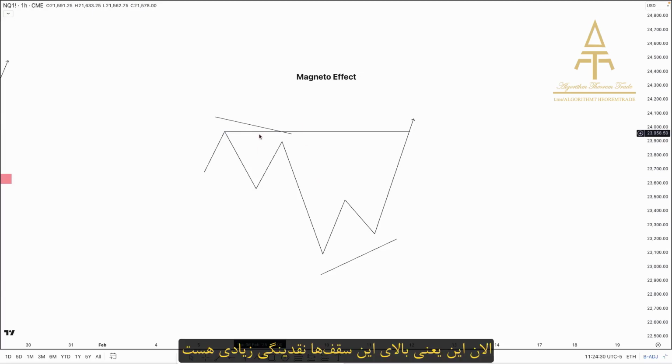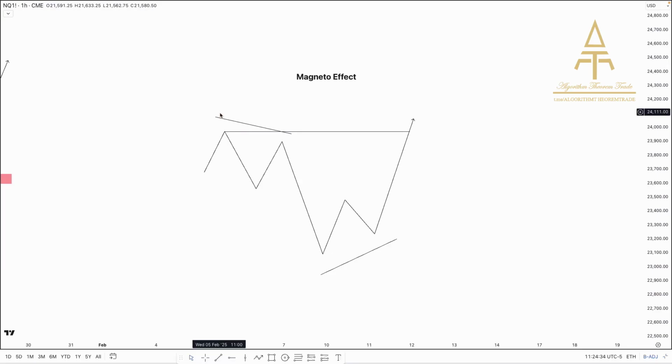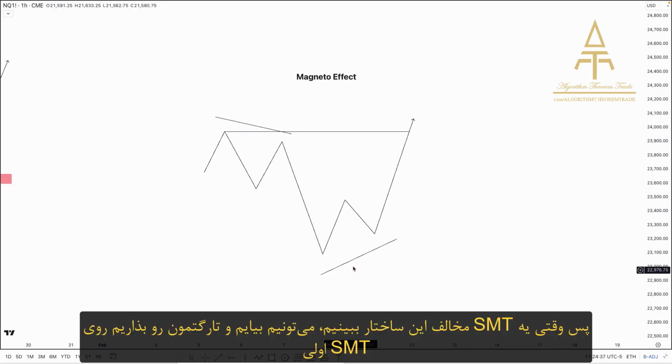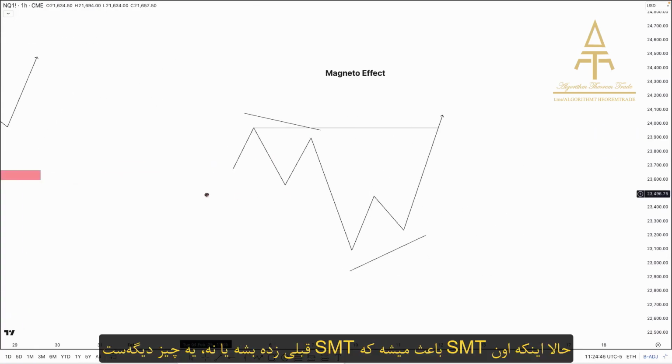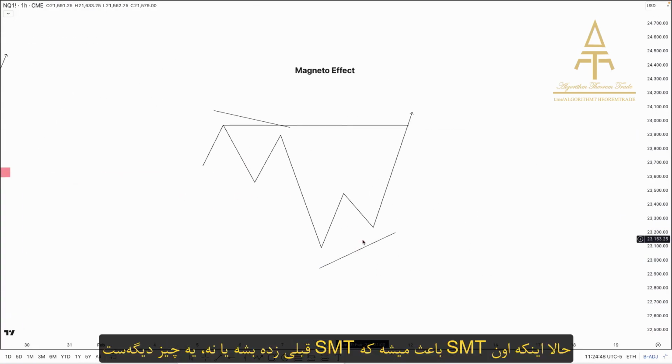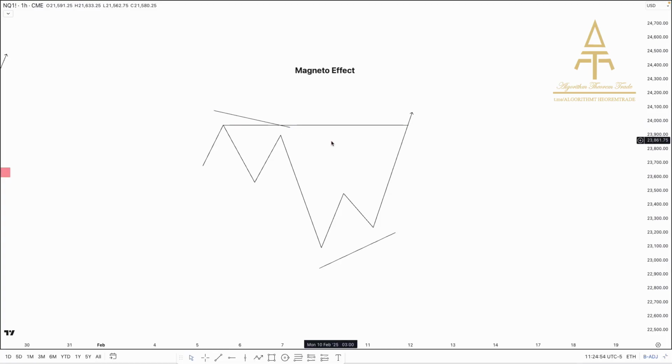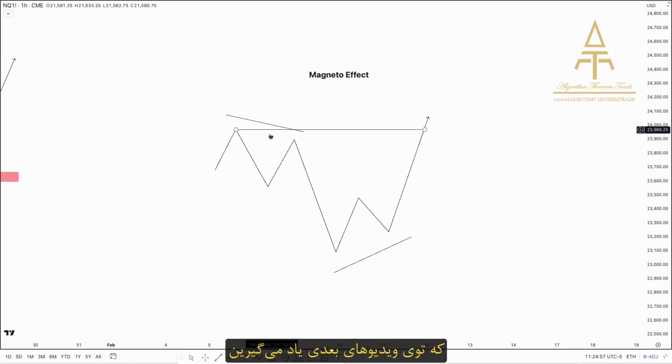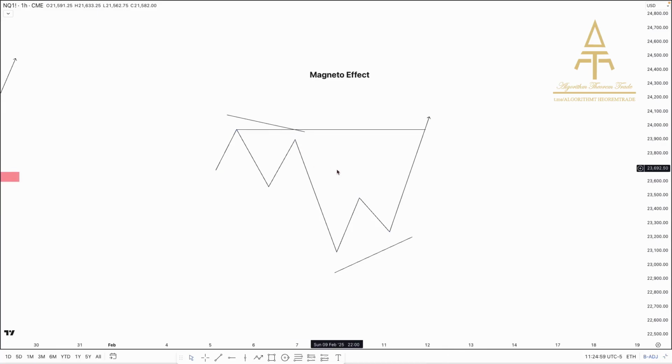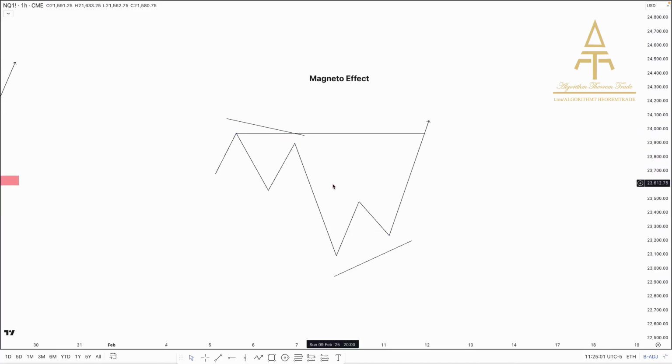So this means there is a lot of liquidity resting above these highs. So when we see an SMT opposing it, we can look to target the first SMT. Now, whether this SMT will end up leading to this SMT being taken out is something else, which you'll learn in future videos. But in general, this is what we can expect.